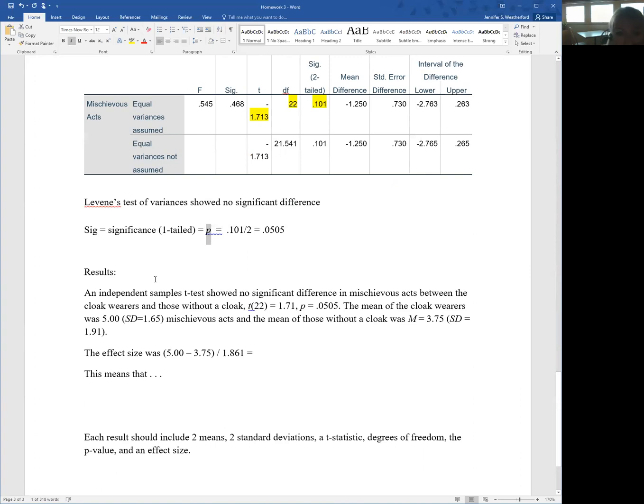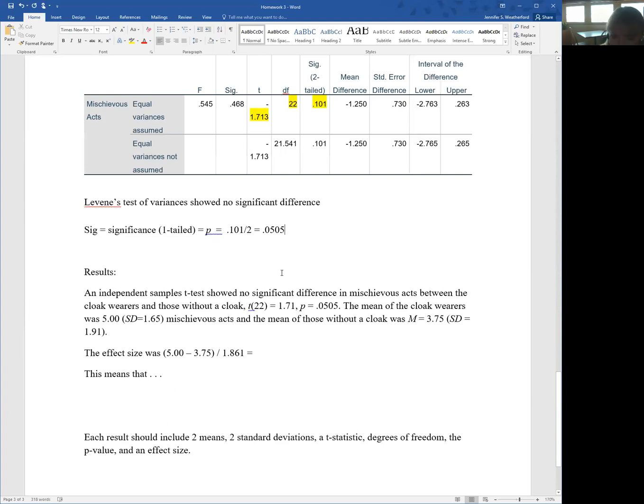It's a little confusing, but we'll get used to it. We'll do it over and over again. So p in this case equals 0.101. That's what SPSS gave us. But I had a one-tailed question, and so I can divide that by 2, and my actual significance is 0.0505. Think about that for a while. Come to class with questions because it's a new idea.